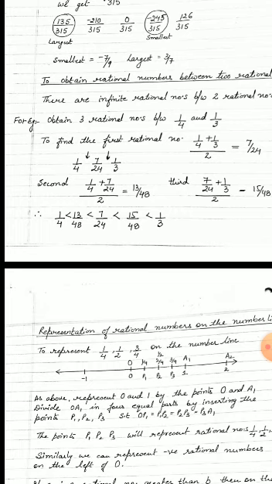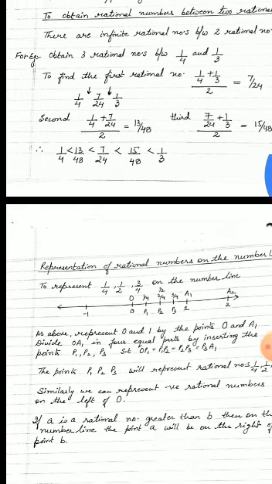Next, 7 upon 24 plus 1 upon 3 divided by 2, which gives us 15 upon 48. So the three rational numbers that lie between 1 by 4 and 1 by 3 are 13 by 48, 7 by 24 and 15 by 48.